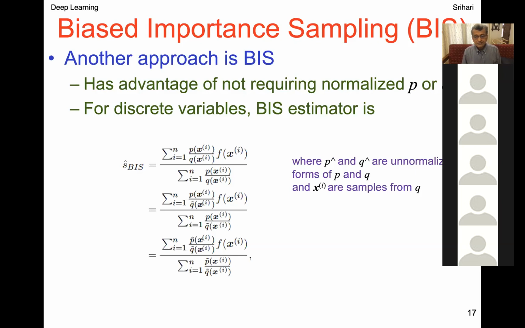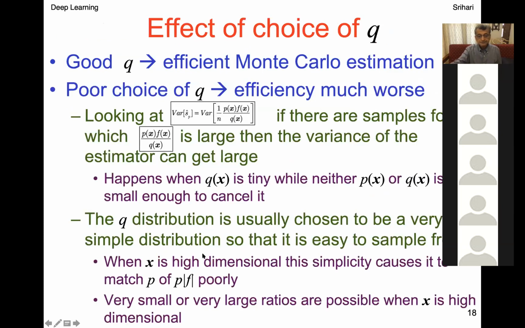And this we are using unnormalized samples again here, biased importance sampling. Unnormalized samples, P and Q. And this is again a discussion of choice of Q. Good Q means efficient Monte Carlo estimation. Poor choice of Q is efficiency is much worse.